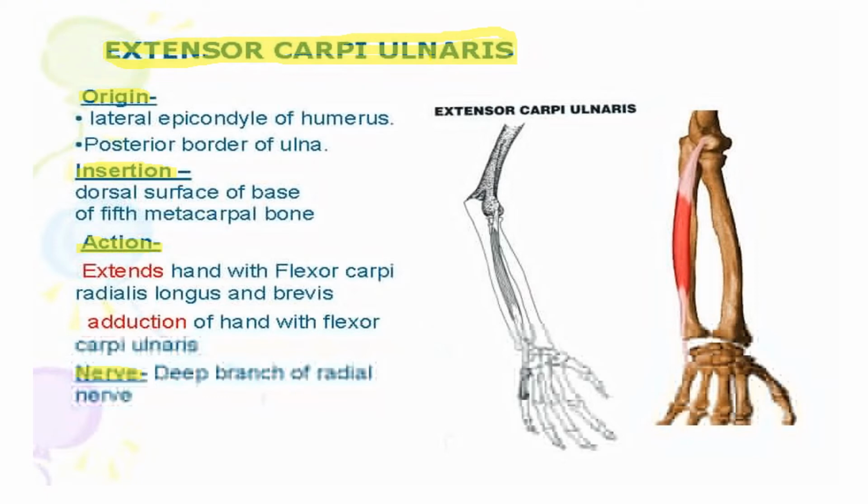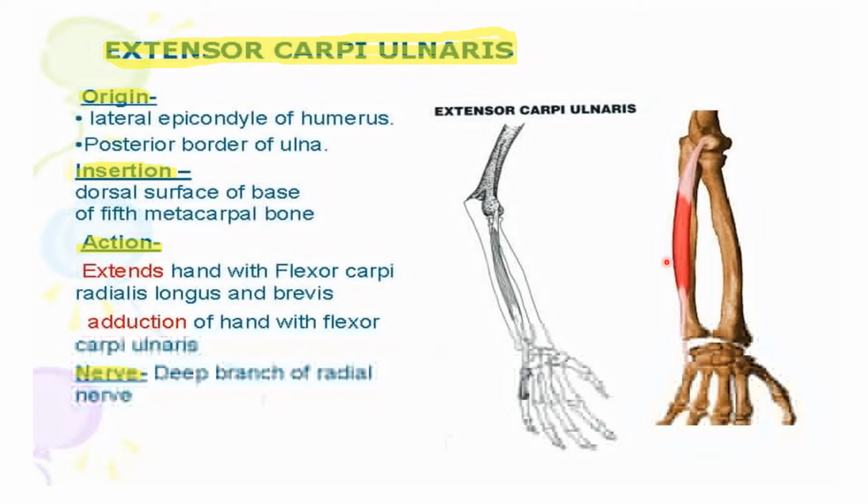So this extensor carpi ulnaris is a long fusiform muscle that is located on the medial border of the forearm. It has two heads, the humeral head that originates from the common extensor tendon, that is the lateral epicondyle of the humerus, and an ulnar head that arises by a common aponeurosis that is attached to the posterior border of the ulna.